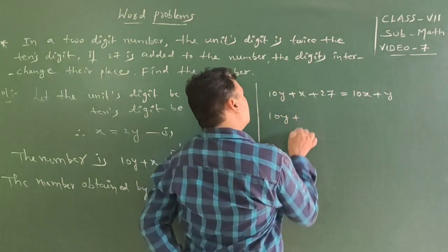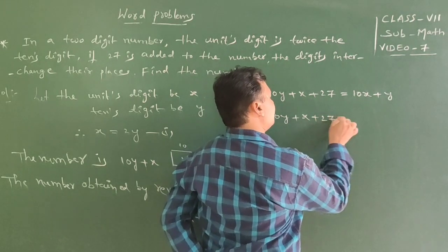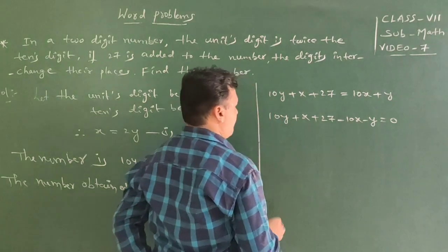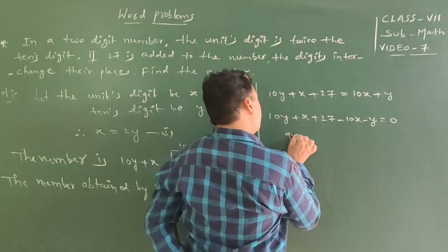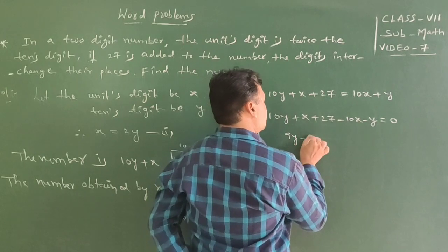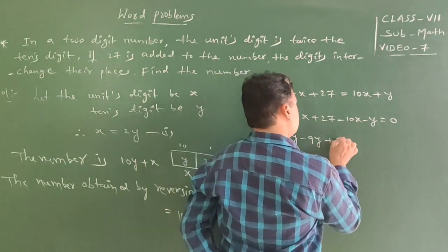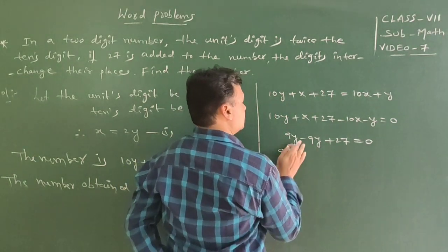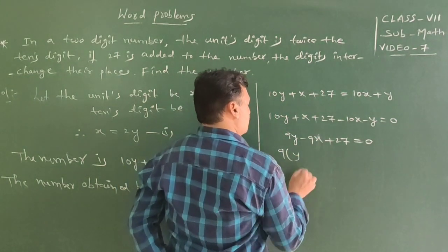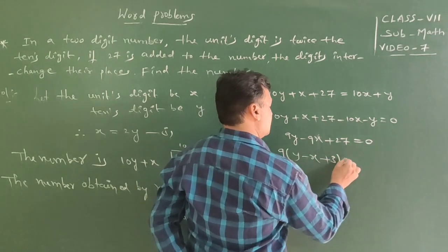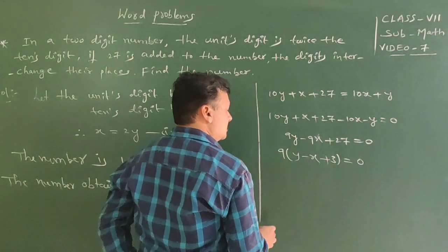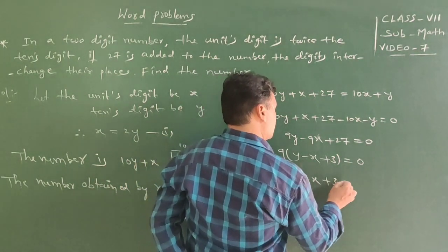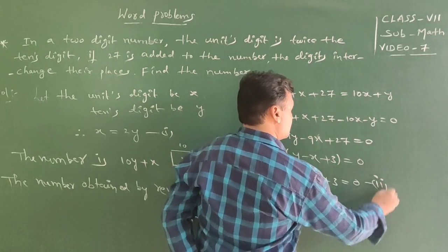So here 10y plus x plus 27 minus 10x minus y equal to 0. 10y minus y is 9y, minus 10x plus x is minus 9x, plus 27 equal to 0. If you take 9 common, y minus x plus 3 equal to 0. So y minus x plus 3 equal to 0 will be the second equation.